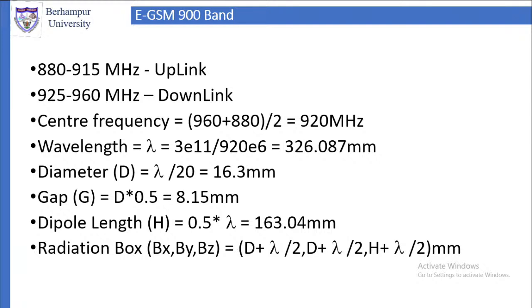The downlink is 925 to 960 megahertz. Now, why are there two links? We could have only one link, 880 to 915 or 925 to 960.